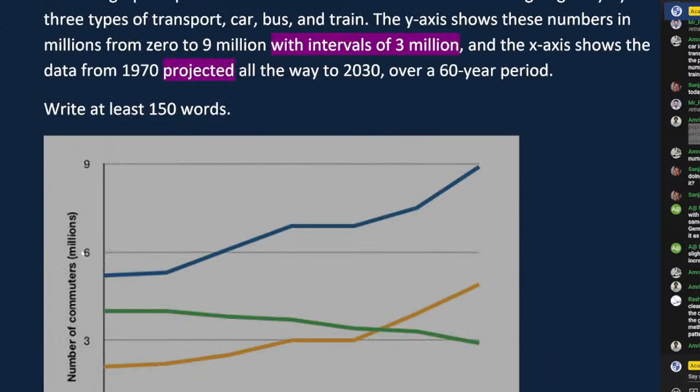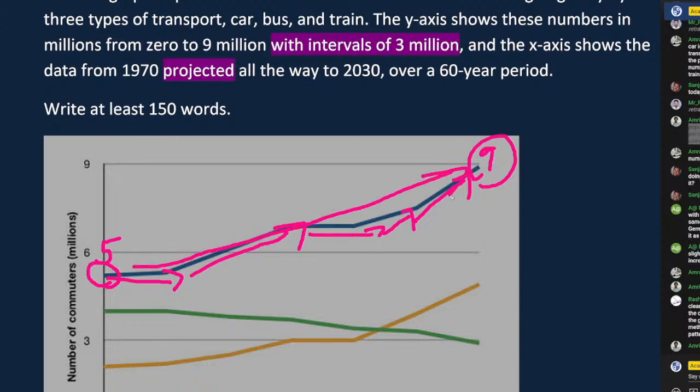So let's start with step 1, which is, of course, cars. Cars being used by around 5 million commuters in 1970, and used by 9 million at 2030. Okay, and now you see how here it's flat, and then here it's up, and then a little bit and then meh. Definitely don't go into that level of detail.